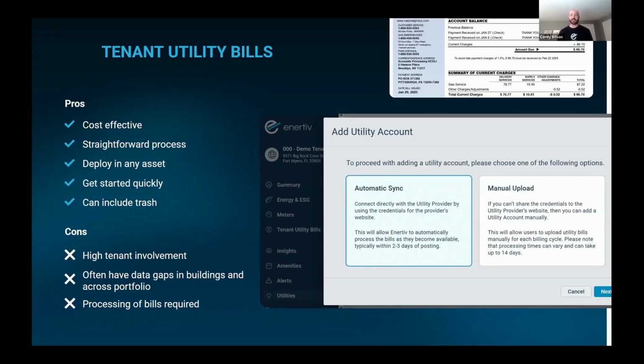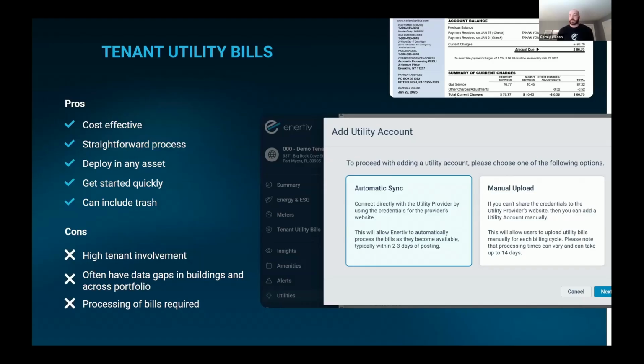But in either scenario, it's another cost-effective strategy, right? Even if you pay for software, it's not going to be very much. It's also straightforward, right? You don't have to work with the utilities to do so, you could start this today. You could just either adopt a software or email your tenants and ask for their utility data.